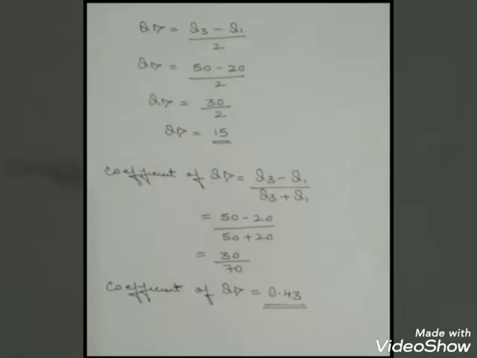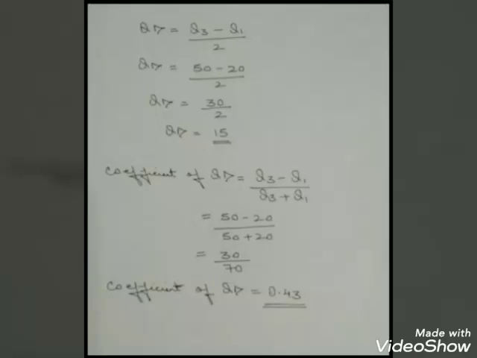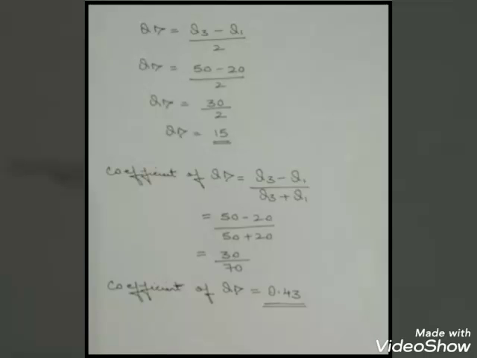And if you divide 30 by 70, children, you get 0.43. So your coefficient of quartile deviation is 0.43. So children, this is how you are able to calculate quartile deviation and coefficient of quartile deviation by individual series.